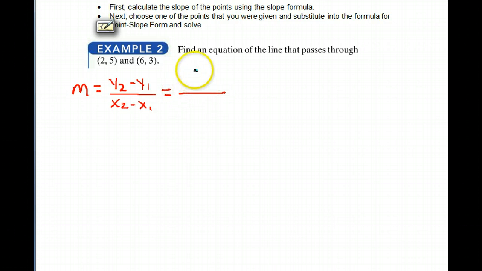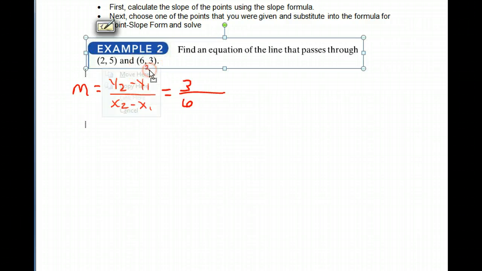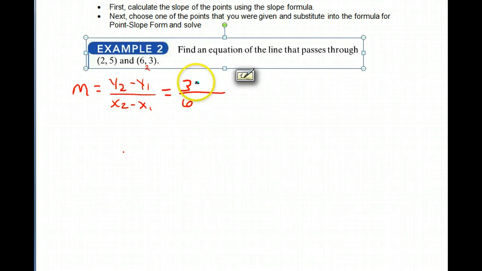I am going to go ahead and plug in my 3 for y, my 6 for x. So I'm using that point as my y2. Then I'm plugging in the minus from the formula, and then we're going to choose y1, which is 5, and x1, which is 2. So that was my 1s right there.